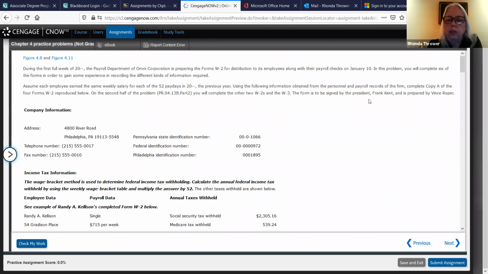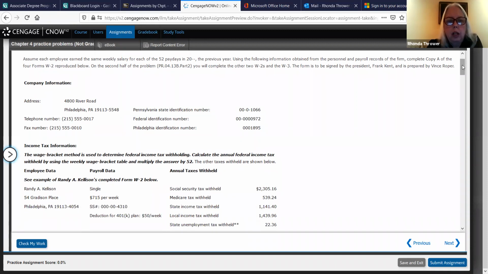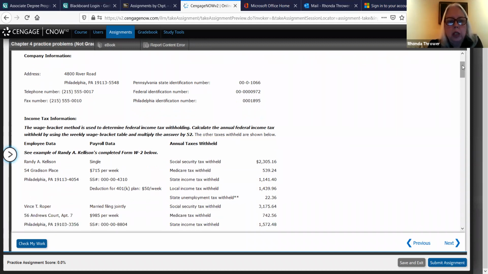The form is to be signed by the president, Frank Kent, and is prepared by Vince Roper. And they've given you some company information that you'll need to record on your forms in the second part of this problem.